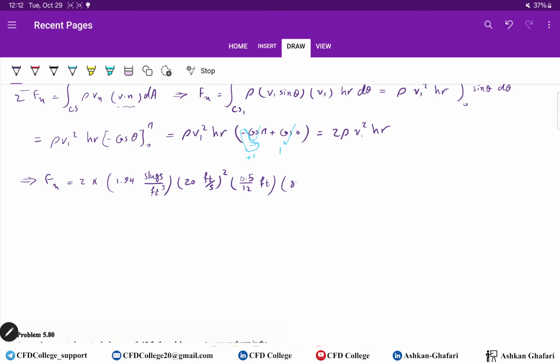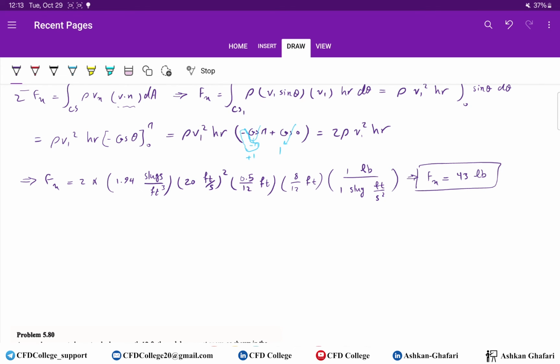R is 8 inches divided by 12 to get feet. And in the end, the conversion for slug, 1 pound is 1 slug feet per second square. So Fx equals 43 pounds.